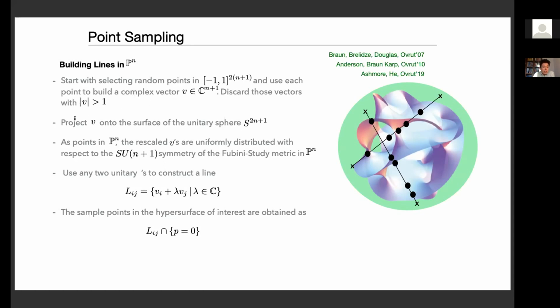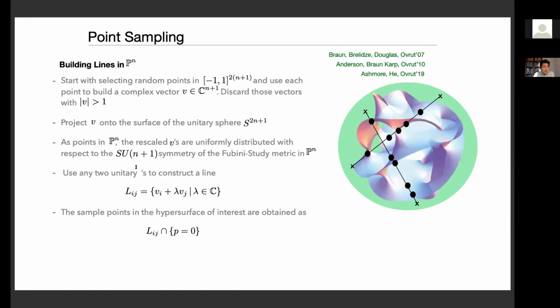Furthermore, we project the remaining ones, so those which are contained within a sphere, to the surface of that unitary sphere. And as points in the weighted projective space that we are considering, these rescaled vectors are uniformly distributed with respect to the SU(n+1) symmetry that is exhibited by the Fubini-Study metric in the ambient space.